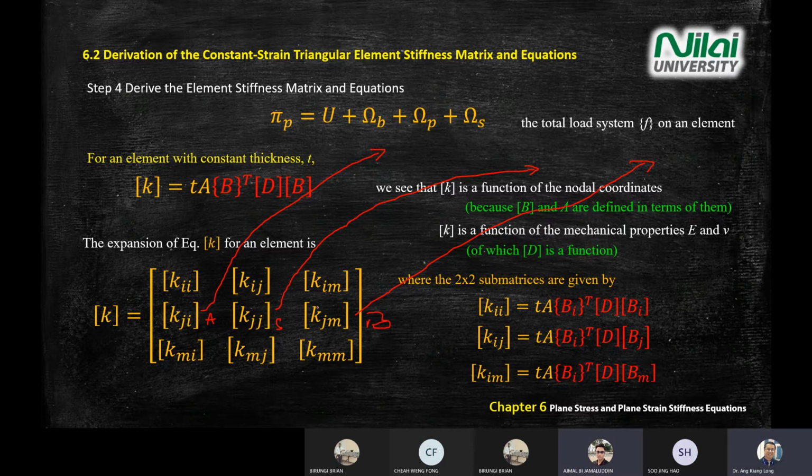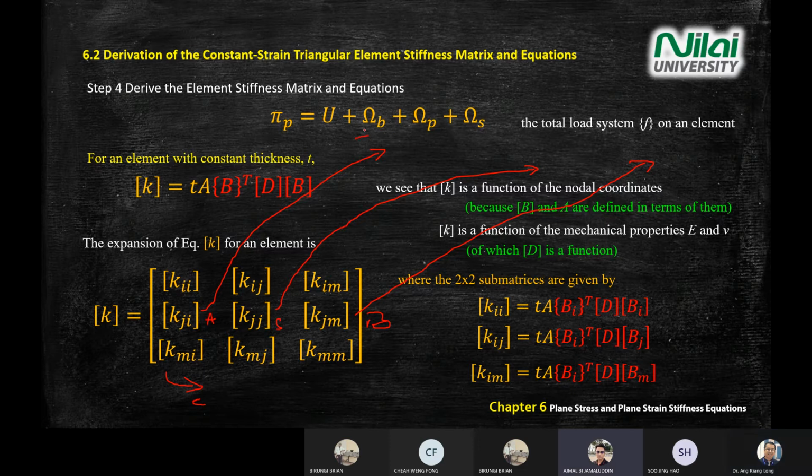Brian, you give me this KJM equation, how you calculate this one. And Chia, you give me how to calculate KMI. All right, Ashmal, if you're ready, you can give your answer. How to find KJI?